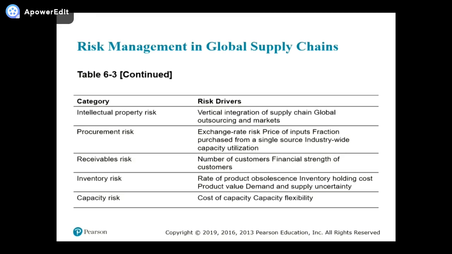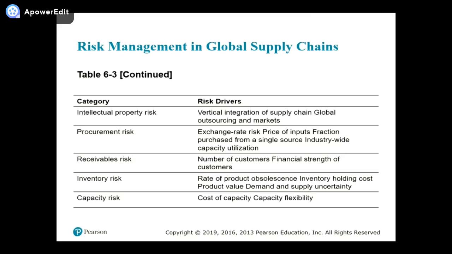Procurement risks, for example, exchange rates risks is part of procurement risk. Receivable risk is mainly driven by the financial stability of our customers. And the inventory risk, so for example, our inventory could go obsolescent during the times of holding.